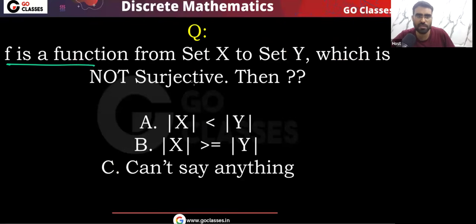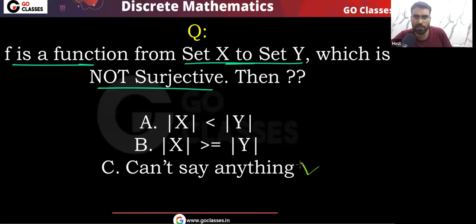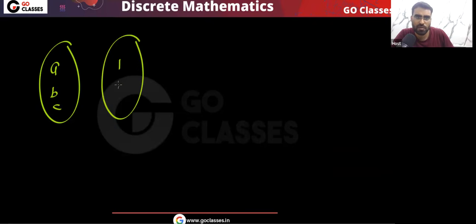F is a function from x to y which is not surjective. Now, what can you say about cardinality of x comma y? The answer will be option C. Because again remember, f is a function. In this situation, can I say every function will be surjective?